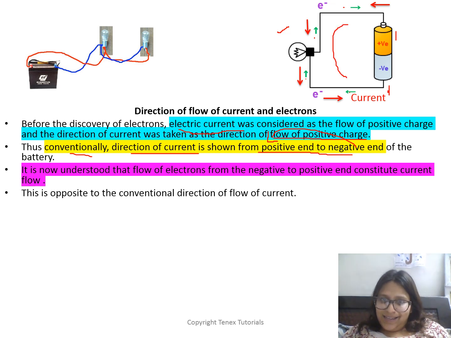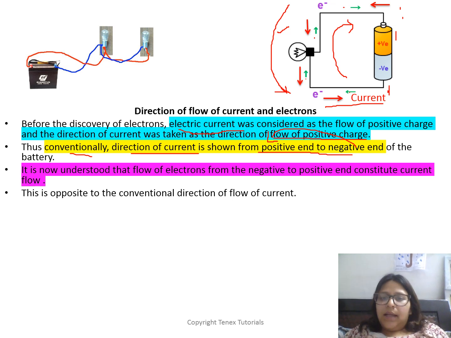However, the flow of current is represented by this red arrow, and the current is actually flowing from the positive terminus to the negative terminus like this. So we must always remember that the direction in which the electrons flow, the current flows in the direction opposite to that. All right, okay guys, let's move forward.